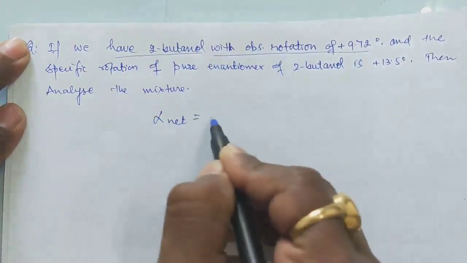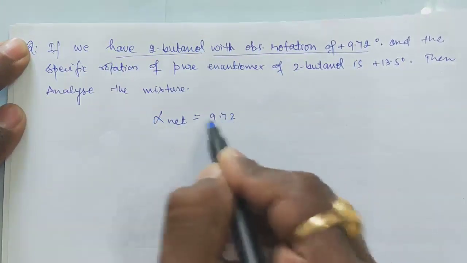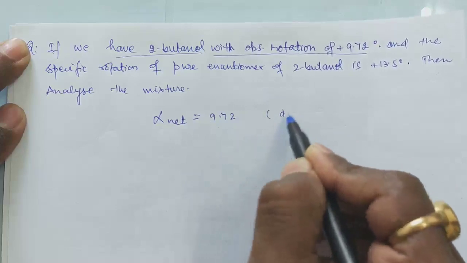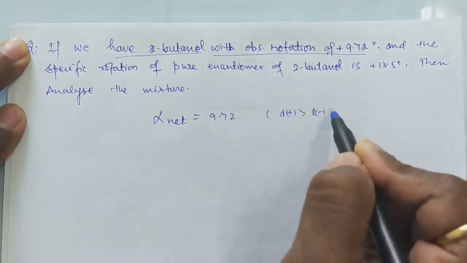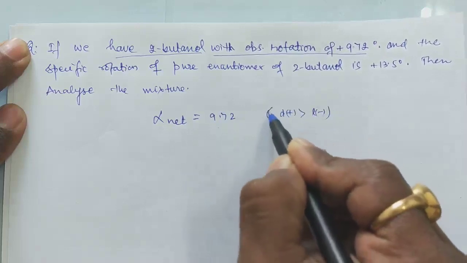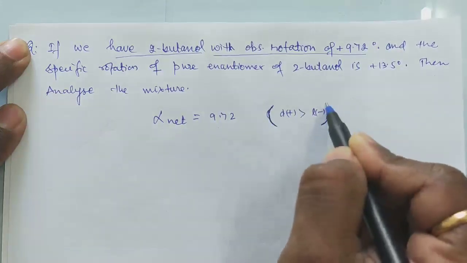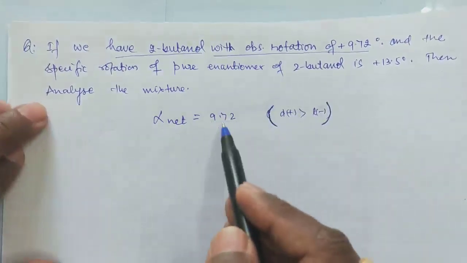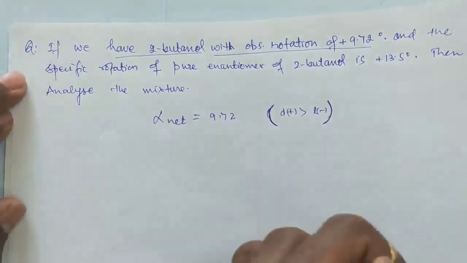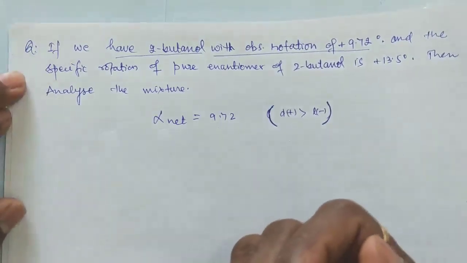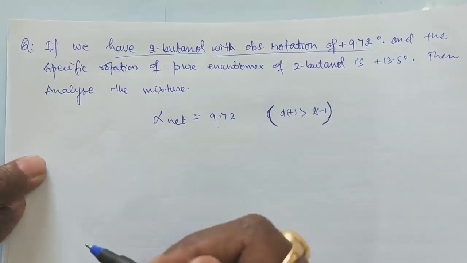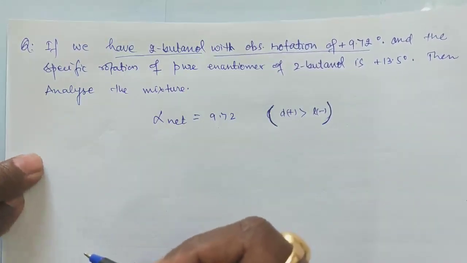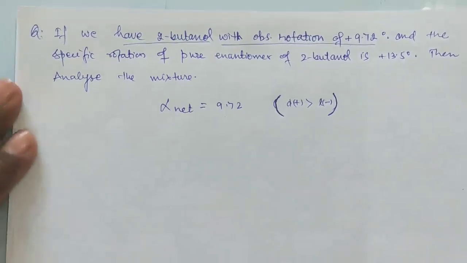So alpha net 9.72 plus means D plus is more than L minus, because the net rotation is positive, means dextro enantiomer is more than levo enantiomer, right?